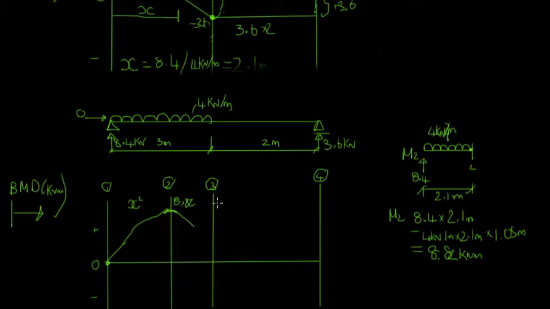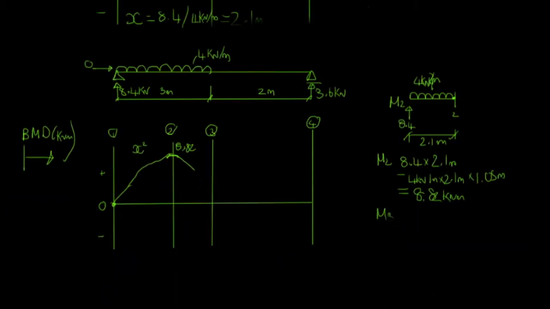And to find the distance it's going to go down to, we need to find the moment at point 3. We are going to do the same as we've done before. We're going to assume we made a cut at point 3 and we're looking at everything from the left-hand side of that cut. So draw a line along here, and here's our point 3, and assume it's a hinge again.